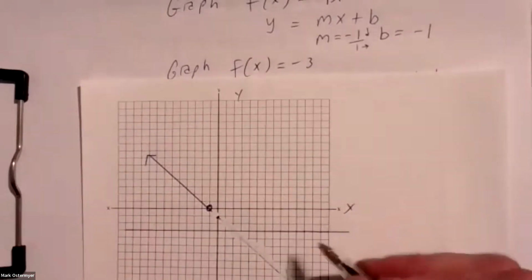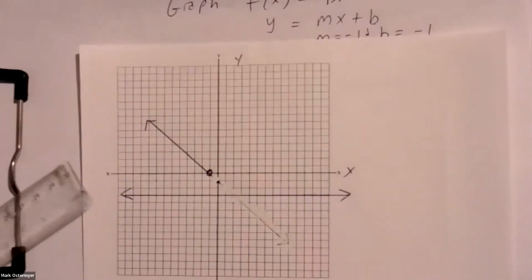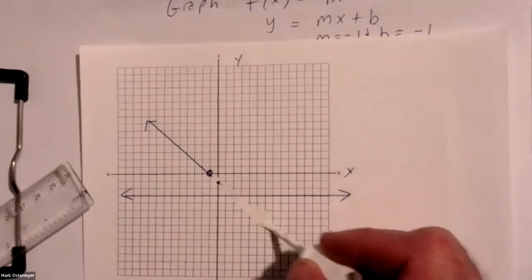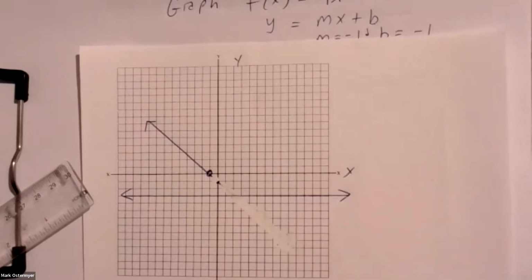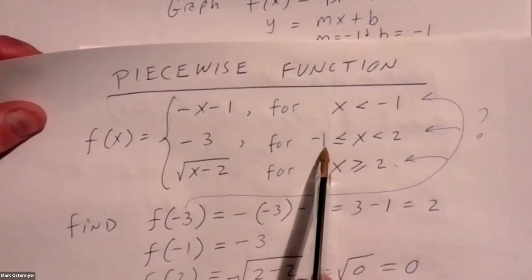There it is. But will I see this entire line on the graph? The answer is no, because f of x is only equal to -3 for input values of x that lie between -1 and 2.